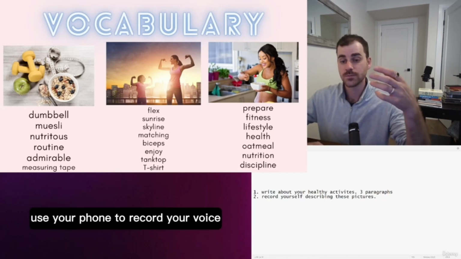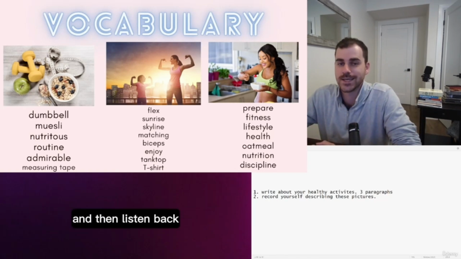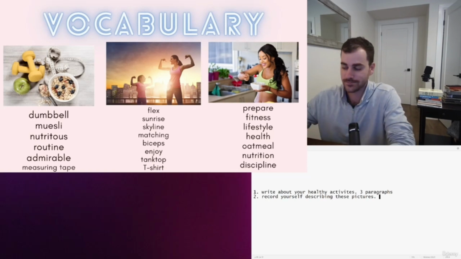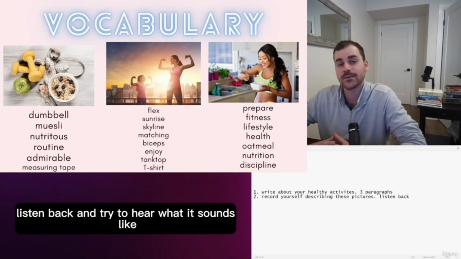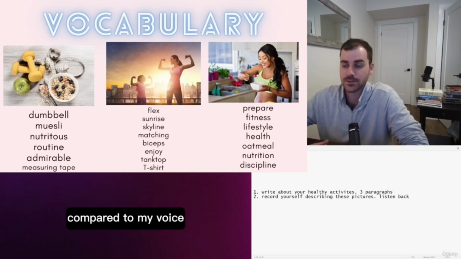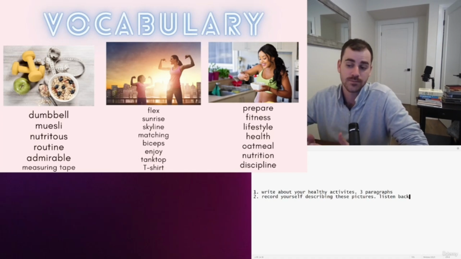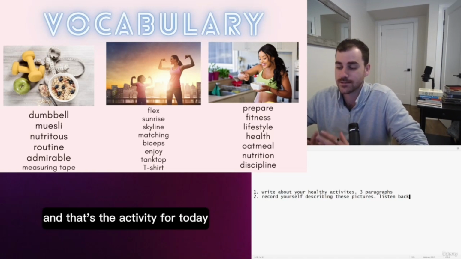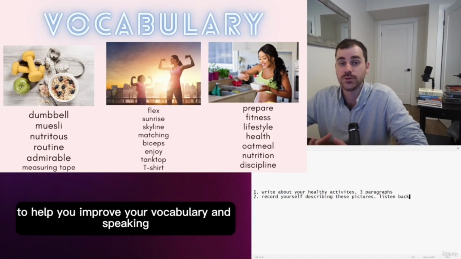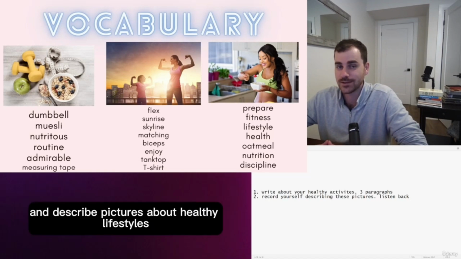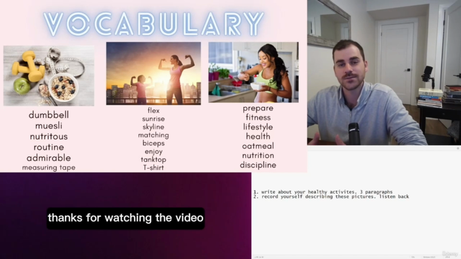Use your phone to record your voice and then listen back. Listen back and try to hear what it sounds like compared to my voice. What's the difference? And that's the activity for today to help you improve your vocabulary and speaking and describe pictures about healthy lifestyles. Thanks for watching the video.